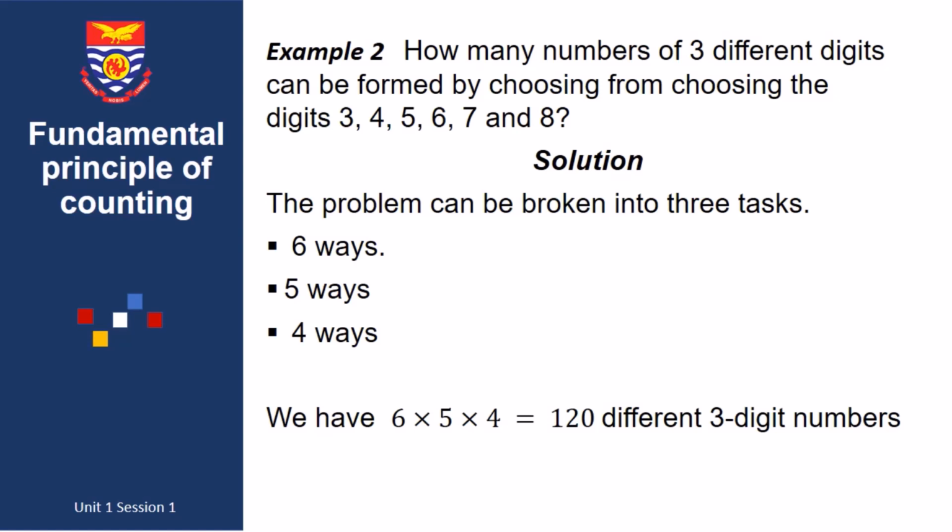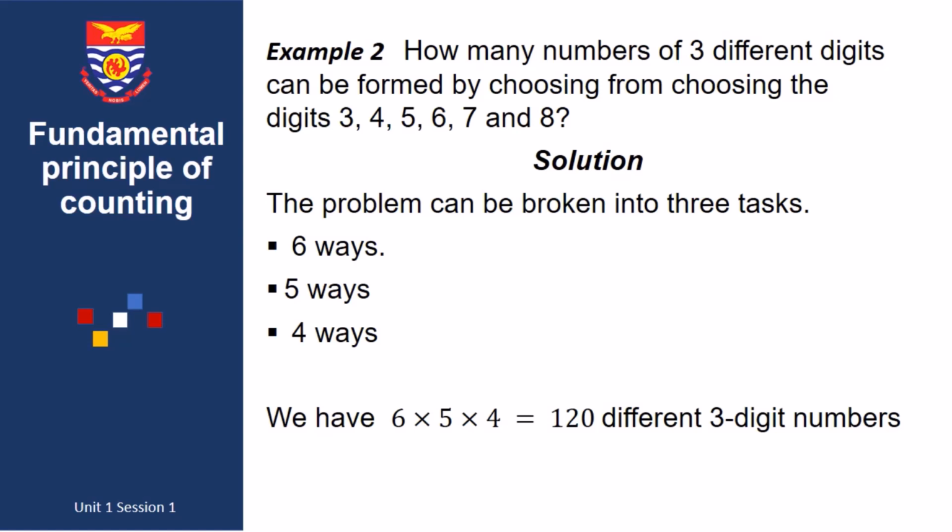Now I have 6 numbers. So if I were to choose the hundreds digit, I have 6 choices to make, 6 numbers to select from. So I have 6 different ways. That's selecting the hundreds. Now, assuming that we're done with that selection, the next to choose is the tens digit. One number is gone as we selected the hundreds.